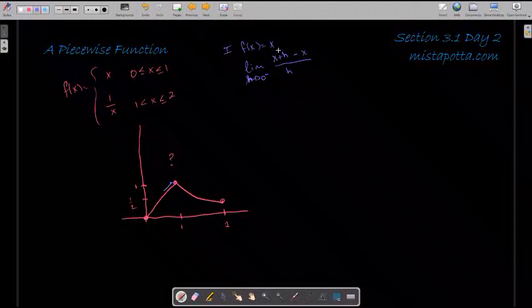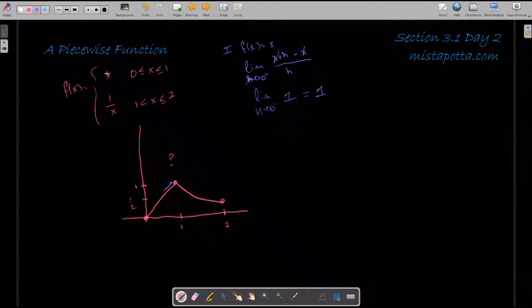And of course, the algebra here is pretty simple. My x's subtract out. I've got a common factor in top and bottom. So I've got the limit as h approaches 0 from the left of 1. And because it's constant, I'm left with 1. And at this, it seems kind of like a dumb moment, because the slope of this line is a constant 1.